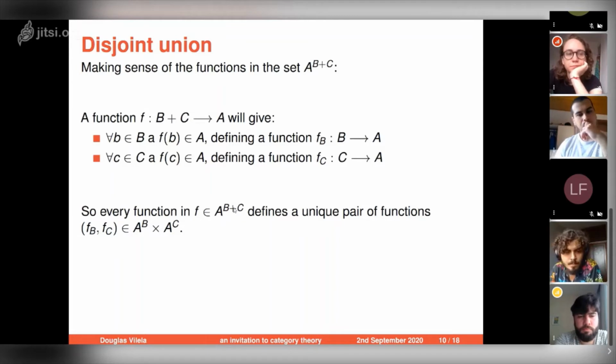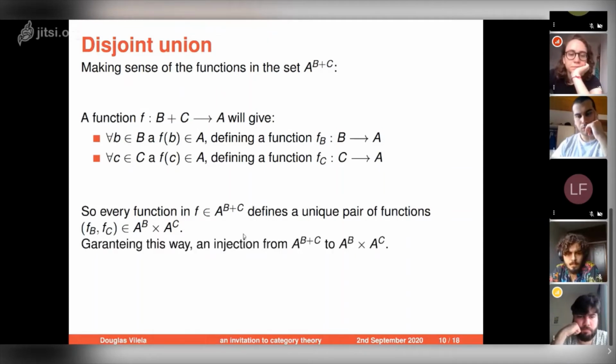So we can think that what we are doing here is that for every function in this set, we are defining a unique function in this other set, defining in that way an injection, I don't know if that is the name in English.